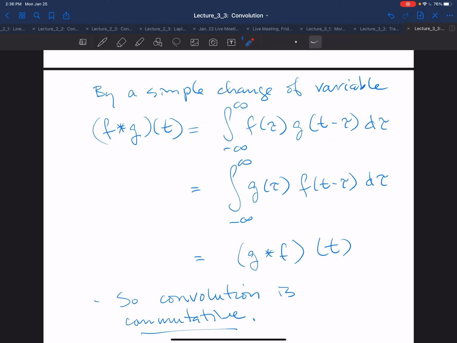Again, we're just taking a set of all products of values of f and g for which the two arguments sum to t. So it makes sense that it should be commutative. The order of f and g doesn't matter in that description, and indeed it doesn't matter according to the precise mathematical definition. So the operation of convolution is commutative.